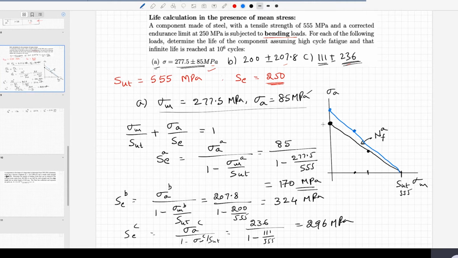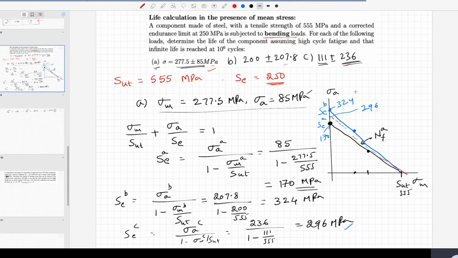So that will be my SEB, SEA, and similarly for SEC. SEC will be somewhere in between, because this is 170 and this is 324, and 296 would be somewhere in between if you plotted it.